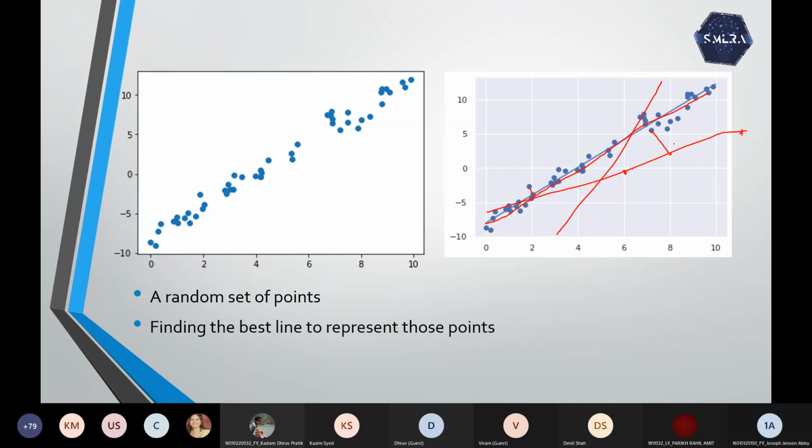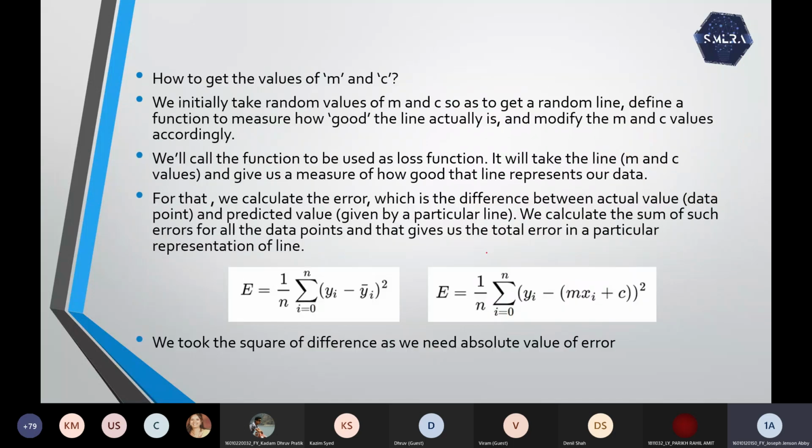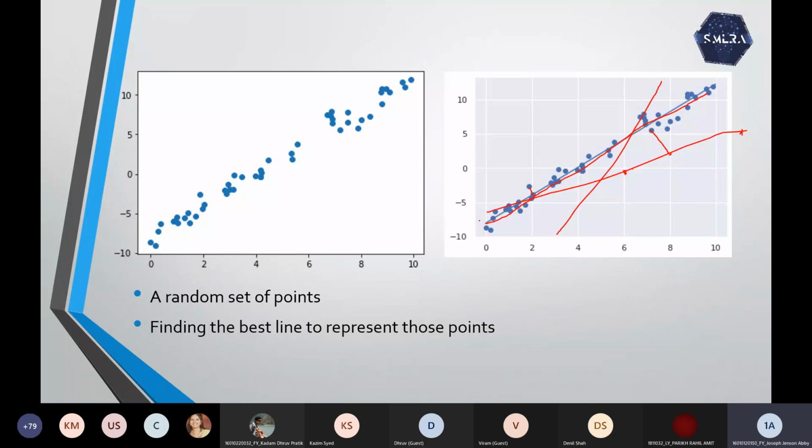So this bigger line gives a greater amount of error, and this one will give you a lesser amount of error. All right. So for the formula, we calculate all such errors for a particular line and we add them. For every data point, it will calculate the distance between the point and the line.